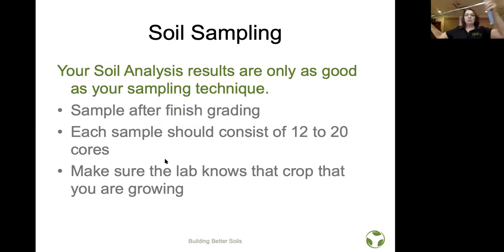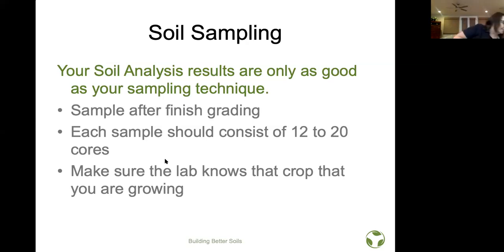It's really important to use a soil tube when you're sampling, because it gives you a really good representative core through the soil profile. If you just take a couple trowelfuls of soil, it may not be representative. I have my technique, which I use all the time when soil sampling.